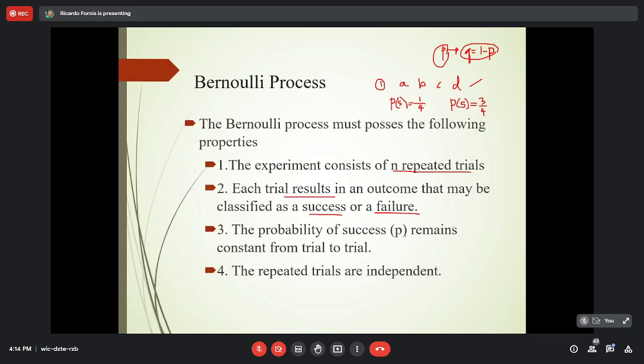The probability of success remains constant from trial to trial. And the repeated trials are independent, meaning the first trial will not influence the result of the second trial or the third trial, and so on. Each trial is independent from the other. Okay, that's the Bernoulli process.